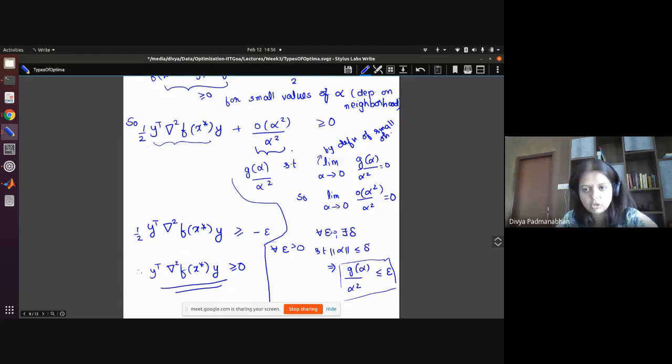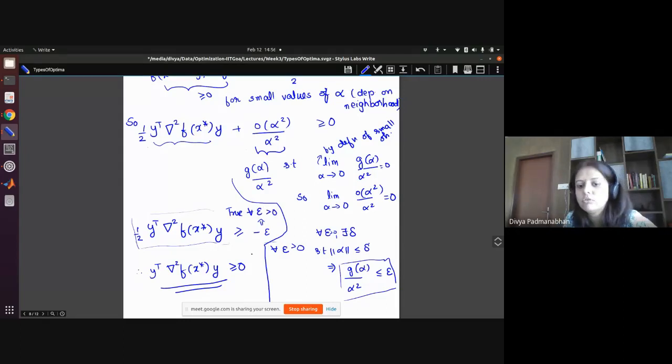So bringing it to the other side, you will get that this quadratic term is greater than or equal to minus epsilon. And the main thing is this is true for every epsilon greater than 0.